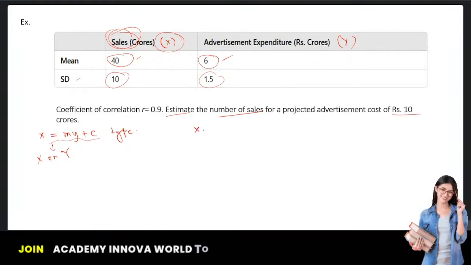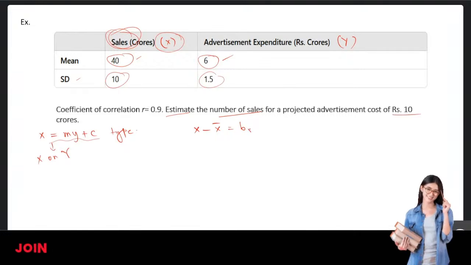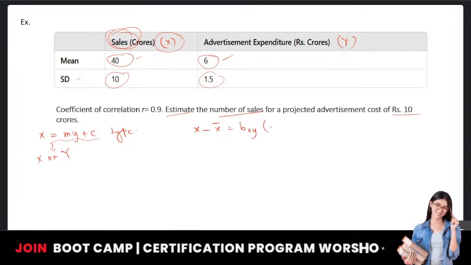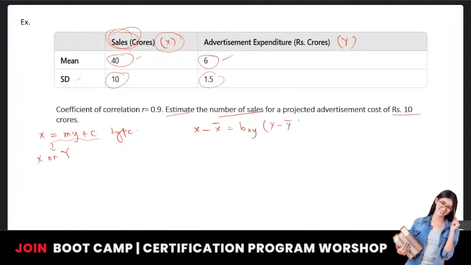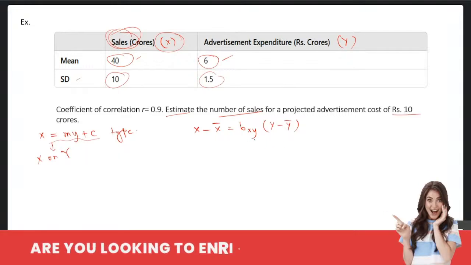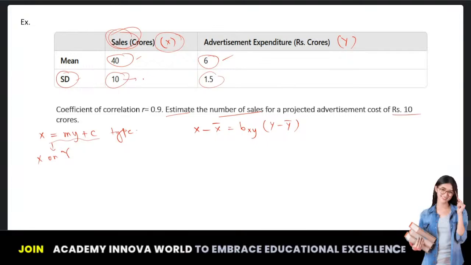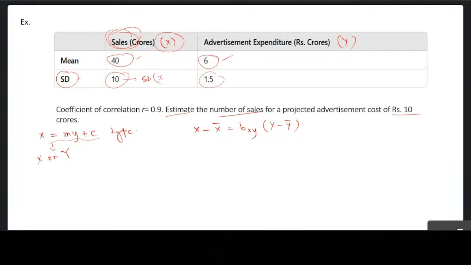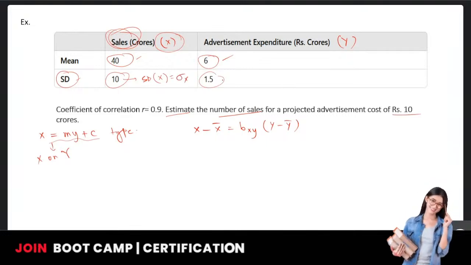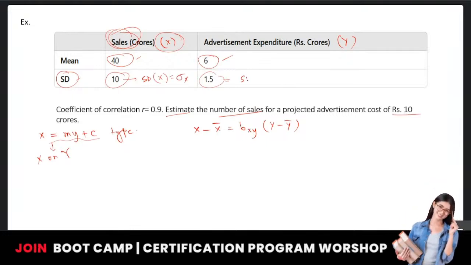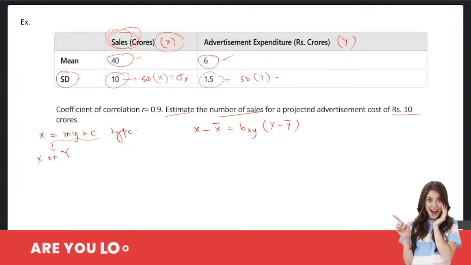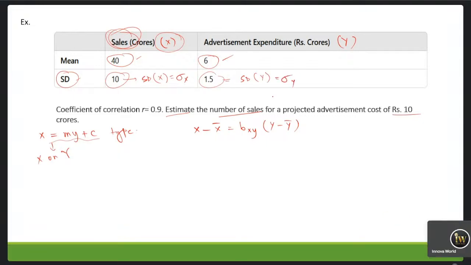We know that the equation is x minus x bar equal to bxy into y minus y bar. Here the standard deviation of x, that is sigma x, and the standard deviation of y, that is sigma y, are given.